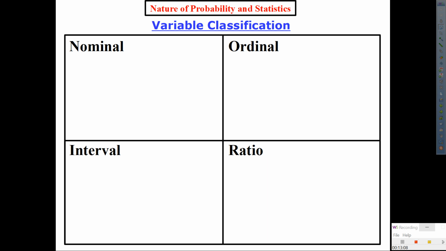We have 4 different ways of classifying, which are nominal, ordinal, interval, and ratio. All right, let me show you nominal. Write those down. James Harden, Stephen Curry, LeBron James, Michael Jordan, and Nikola Jokic.